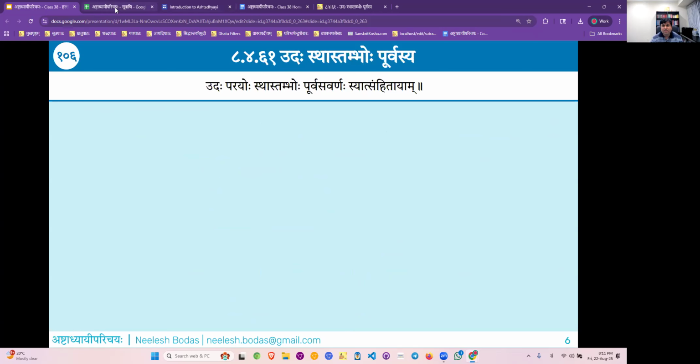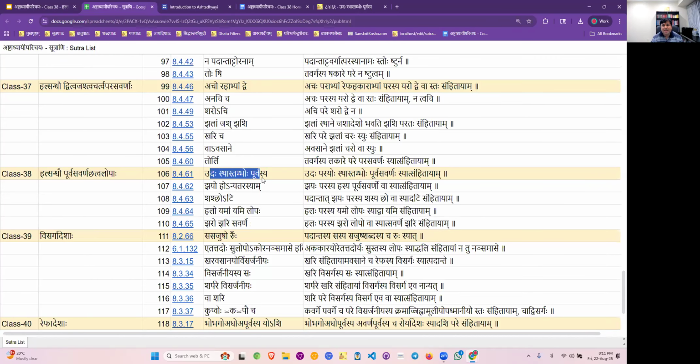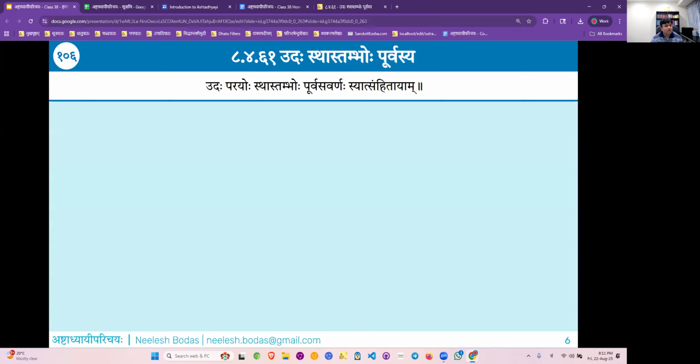Let's look at the sutras. Sutras are simple. Udaha stha stambhoho purvasya and jhayoho nyatarasyam. So udaha stha stambhoho purvasya, udaha parayoho stha stambhoho purvasavarnaha syat samhitayam. Udaha is panchami ekvachanam. So udaha parasya.